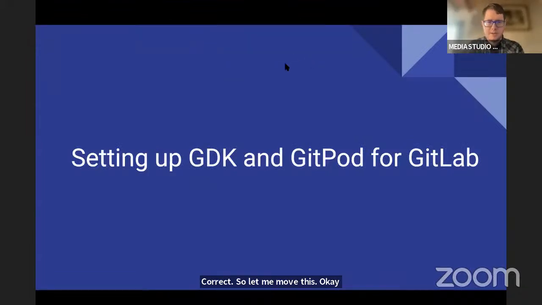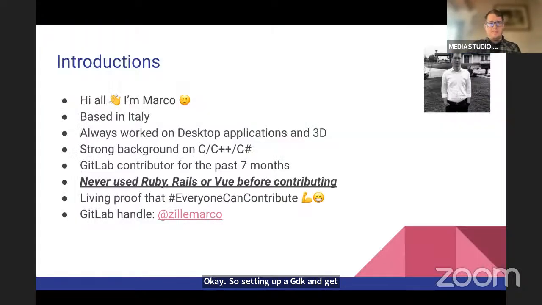Okay. So, setting up a GDK and Gitpod to contribute to GitLab. Let me first do a little bit of introduction about myself. I'm Marco, based in Italy. I always worked on desktop applications and 3D graphics, so I have a strong background in C, C++, C#, and more or less low-level languages.